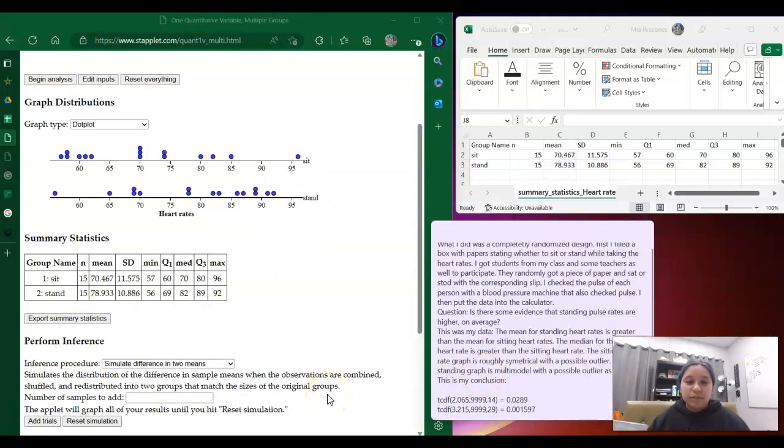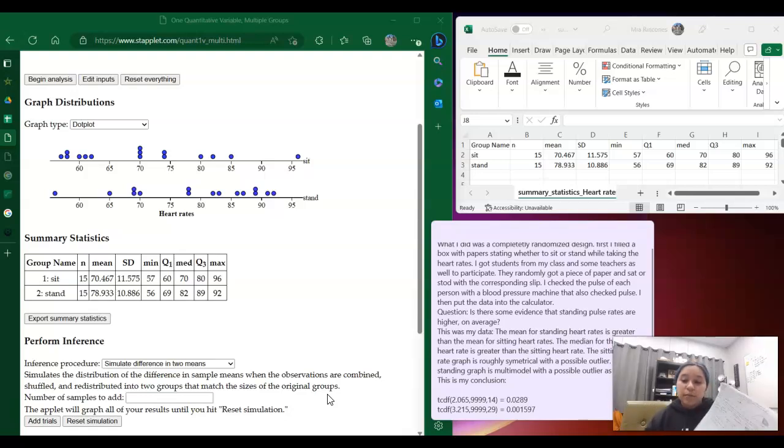At this point, once you have your 5-number summary for the different heart rates, the sitting and the standing, you would do your state, plan, do, and conclude. For the state, you would be doing mu1 minus mu2, since you're comparing standing minus sitting. So mu1 would be standing, mu2 would be sitting.